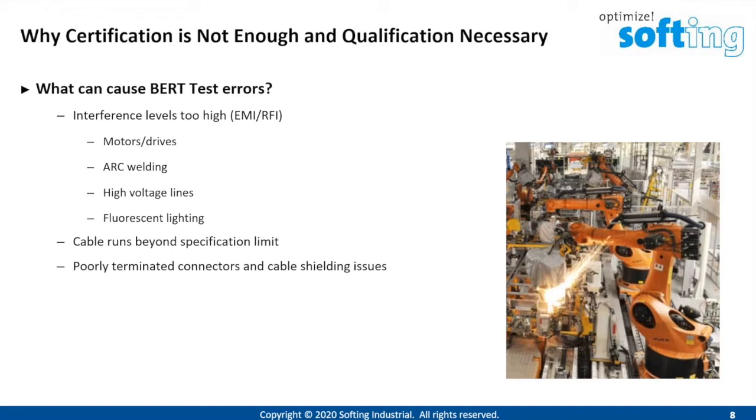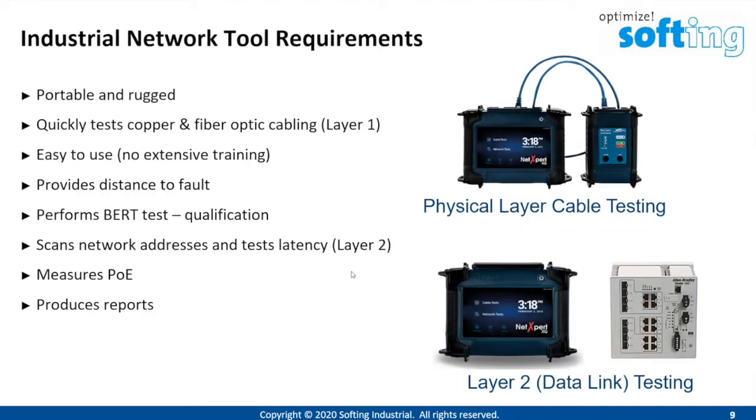So not necessarily EMI issues, maybe just the cable's not up to spec. Poor termination, and then cable shielding issues. There are different grades of shields used with cable. You can have a low end shielded cable, you can have a high end shielded cable, and yes, that does matter. So those are all causes of that.